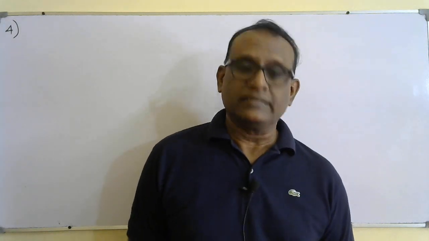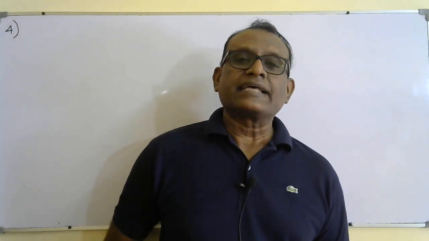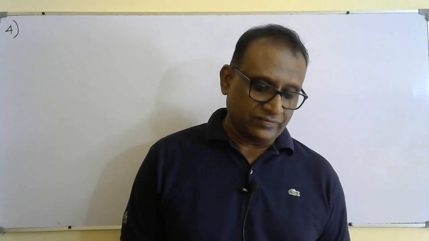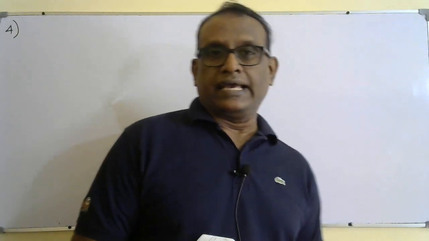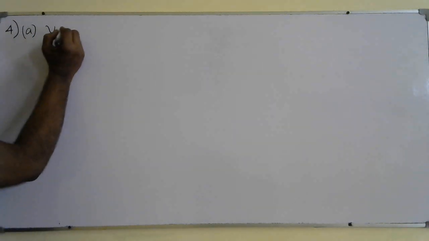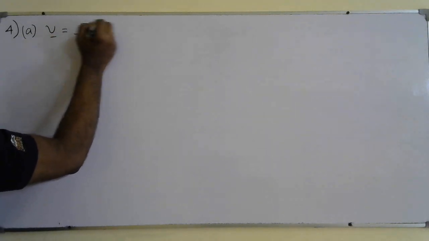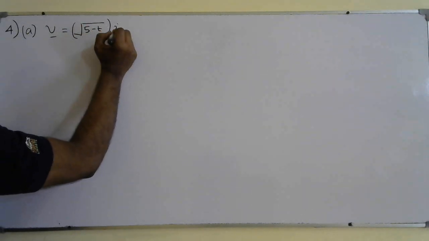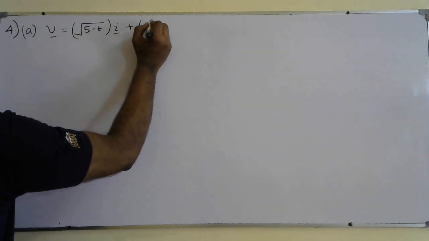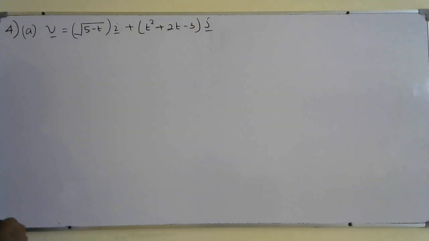So the velocity vector is given. We know the direction of the velocity when t equals lambda is parallel to i, no j component. And how to find the acceleration? By differentiating the velocity vector, we can get the acceleration vector. So the velocity vector is given as square root of 5 minus t i plus t squared plus 2t minus 3 j.